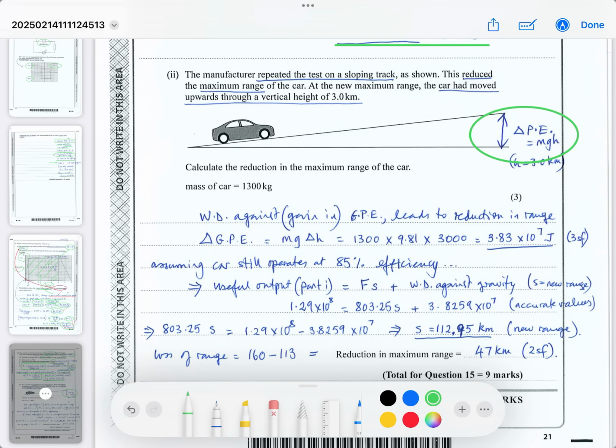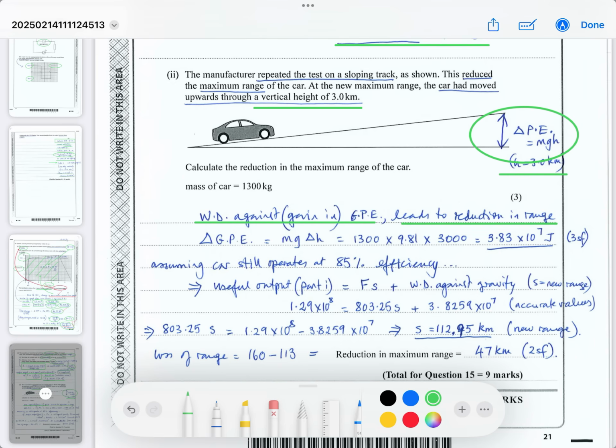So, at a new maximum range, the car had moved upwards through a height of 3 kilometers. So by the end of the range that is driven, it's worked against a rise in height of 3 kilometers. So the work done gain in potential energy against the potential energy. Work done against potential energy leads to reduction in the range.